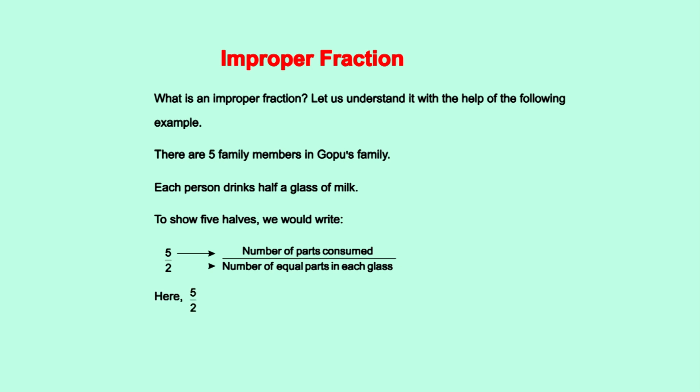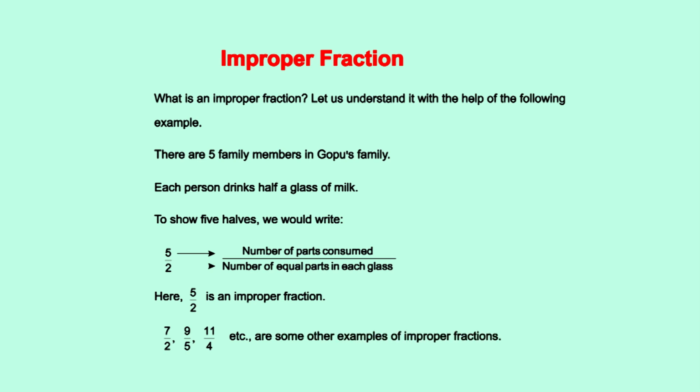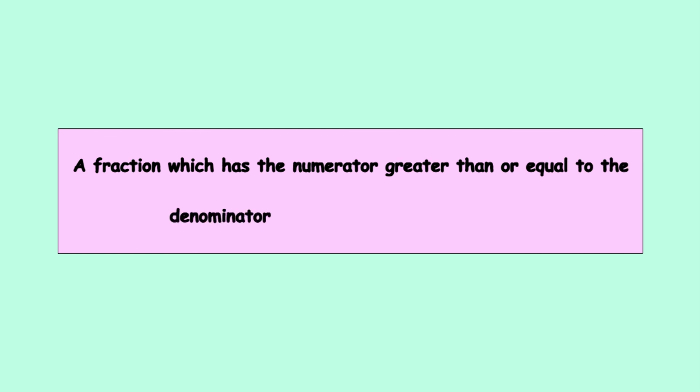Here, 5 by 2 is an improper fraction. 7 by 2, 9 by 5, 11 by 4, etc. are some other examples of improper fractions. A fraction which has the numerator greater than or equal to the denominator is called an improper fraction.